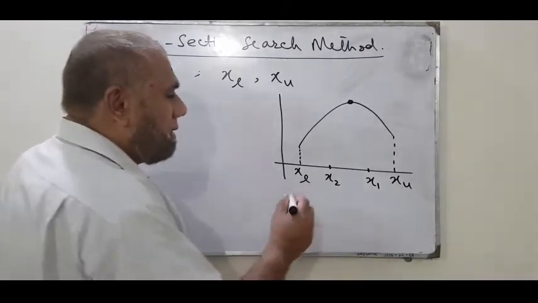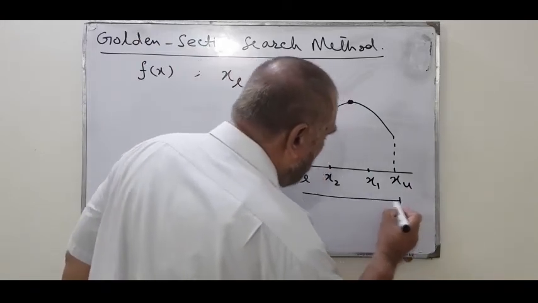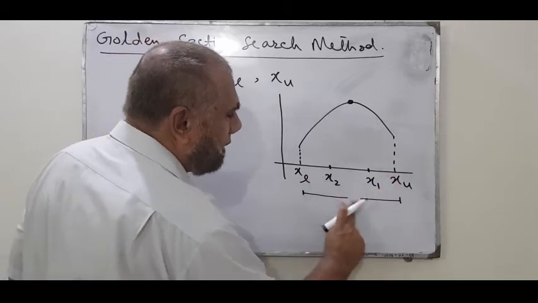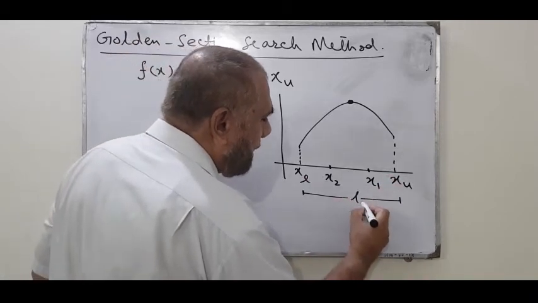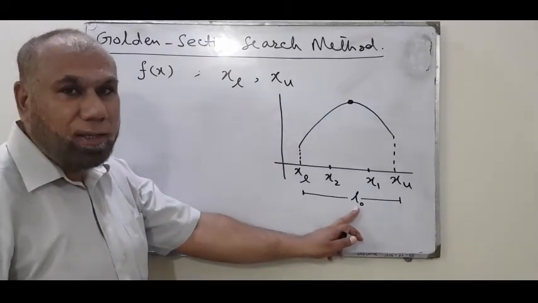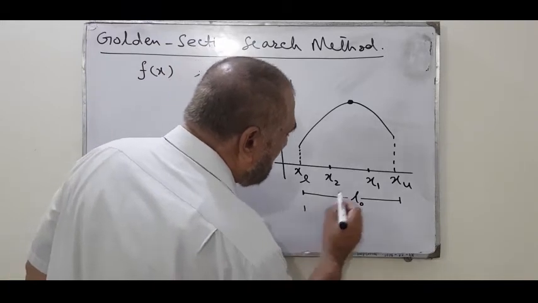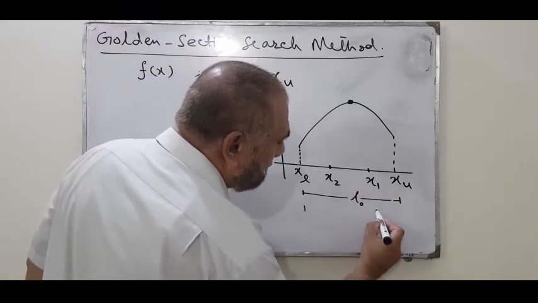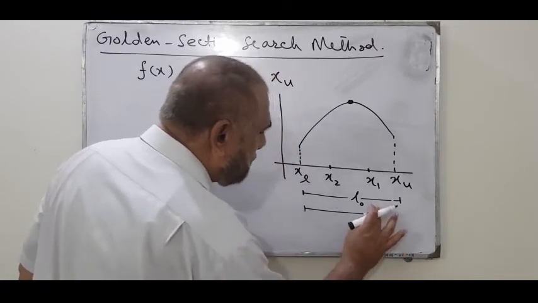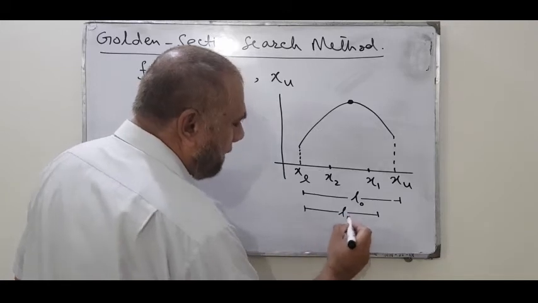Let us call the total length from xl to xu, the total length of the interval, L0. As we have assumed that the optimum value is lying in between the first 3 points, we show the first 3 points interval's length as L1.